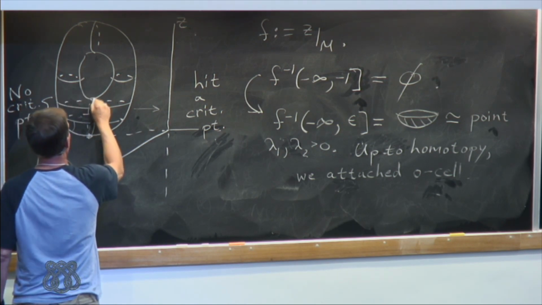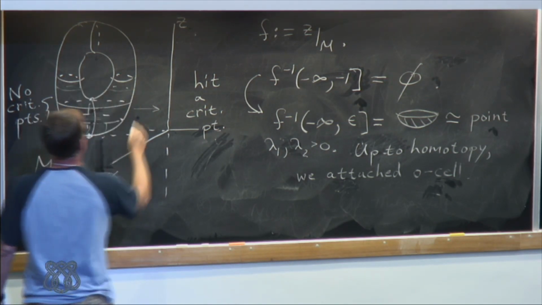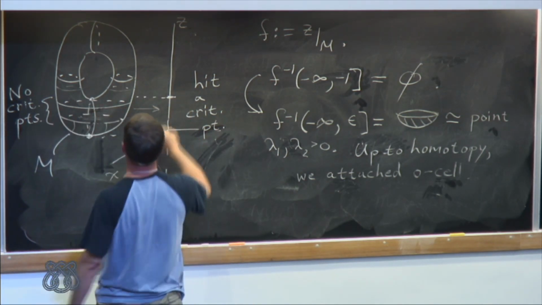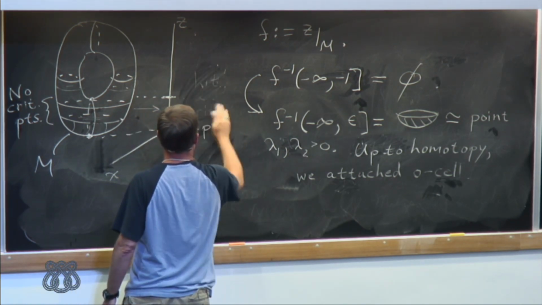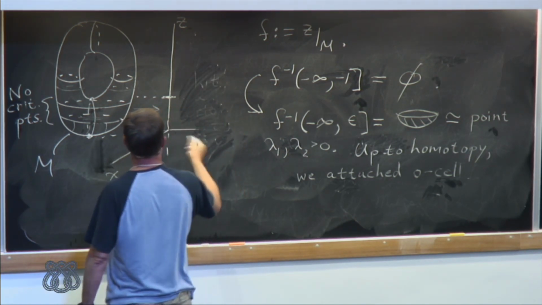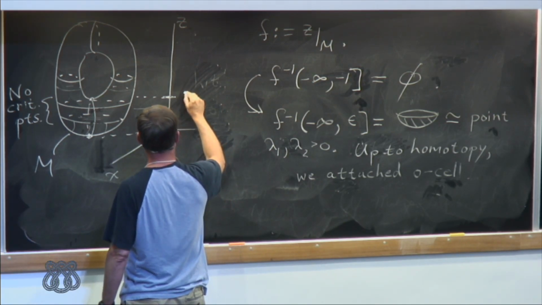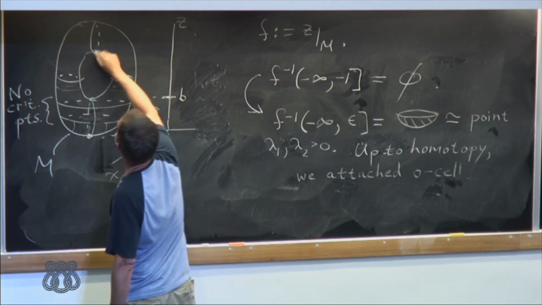But then you hit this one. And what happens as you get just a little bigger than this one? So let me call these values, let's call this one B, and there'll be one up here.